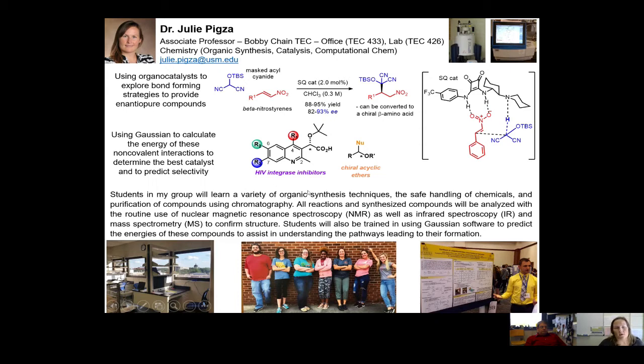Students in my group learn organic synthesis techniques and handling compounds. All compounds we make, we have to prove the structure, so we use what's called NMR, nuclear magnetic resonance spectroscopy, and IR as our main techniques, and you'll be trained in those techniques as well. On the top right, you see the NMR is the little instrument.